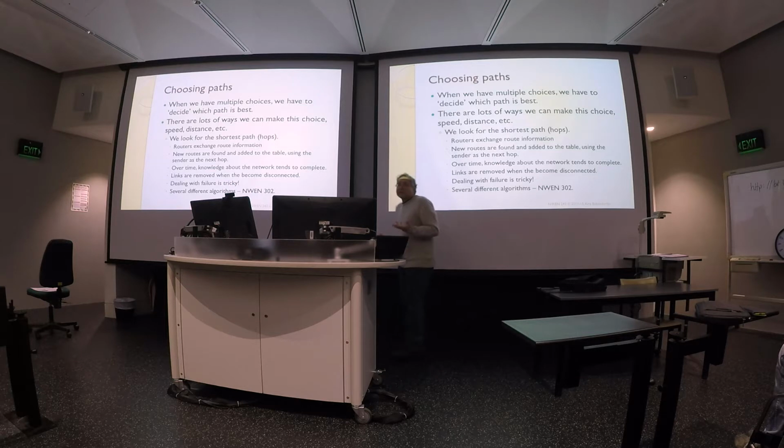Some links charge us money, and some links charge us different money, so we want to choose the minimum cost. All of these sorts of criteria we call costs. So when I say cost in the following examples, it doesn't actually mean money. It could mean hops, it could mean how busy the link is, all sorts of things. It doesn't really matter. All routes are built in a table.